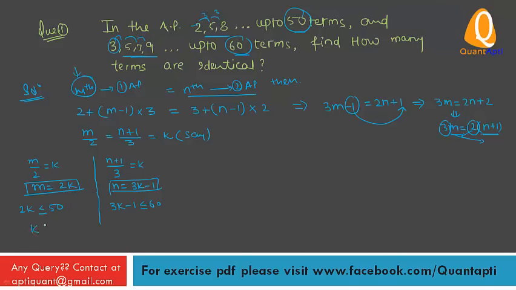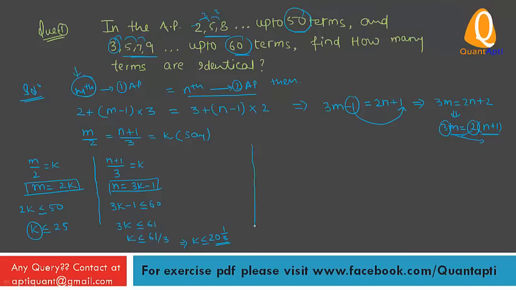Here k is less than or equal to 25, and 3k is less than or equal to 61, so k is less than or equal to 61 by 3, or we can say k is less than or equal to 20 by 3. So k is a natural number, but this is not a natural number, 21 by 3.